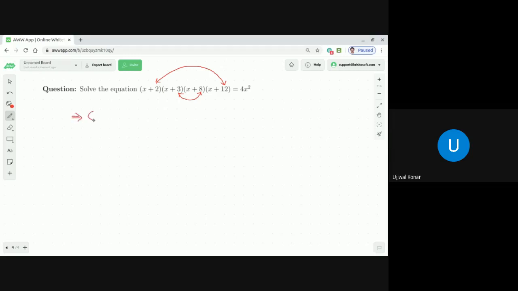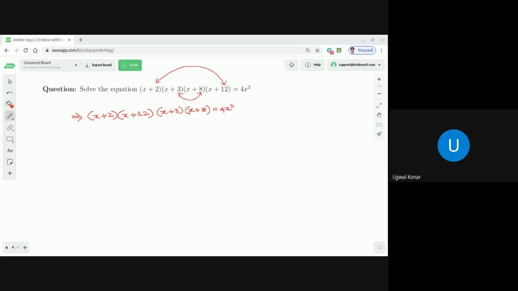This implies x plus 2 into x plus 12, correct? Into x plus 3 into x plus 8, that is equal to 4x square. Clear or not clear?